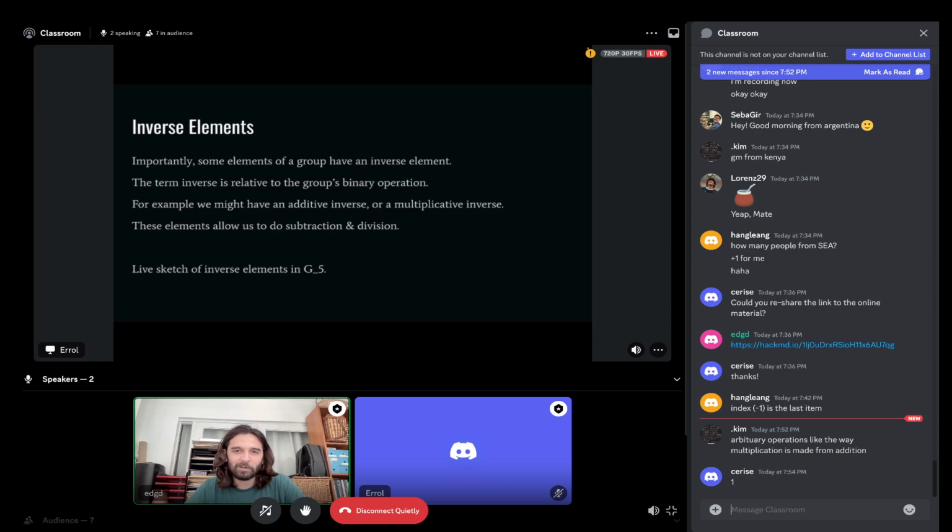I'll talk about it a little more, but really, once I sketch this out, that will be the clearest way to understand these things. The inverse element gets you from your input to the identity element. So if your identity element is 0, and addition is your binary operation, it has to be the thing you add to this number to get to 0.